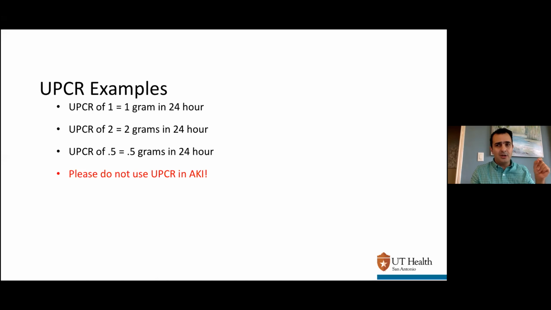A lot of the time, UPC could be overestimating the amount of proteinuria in patients with AKI. One time, one of my fellows told me that this patient has 20 grams of proteinuria. And if you look, the urine creatinine is basically nothing, and that's why you get a number that's high. So don't make the mistake of assessing UPCR in patients with AKI.